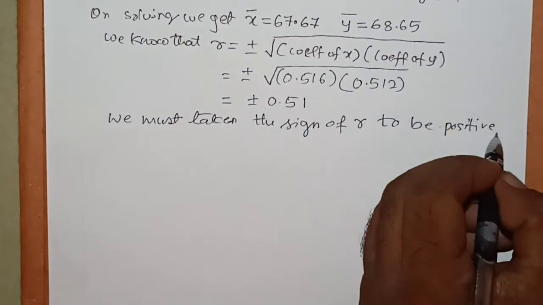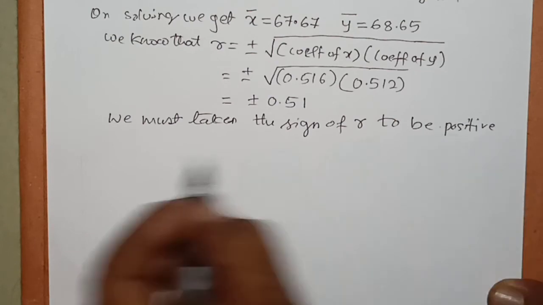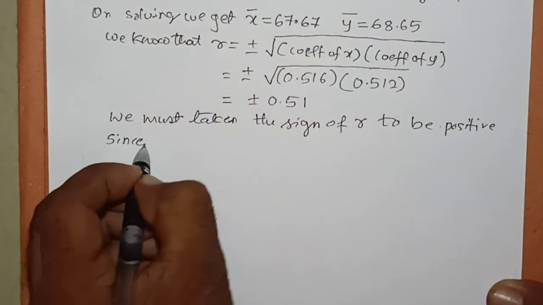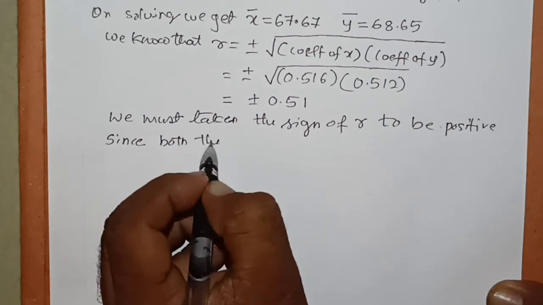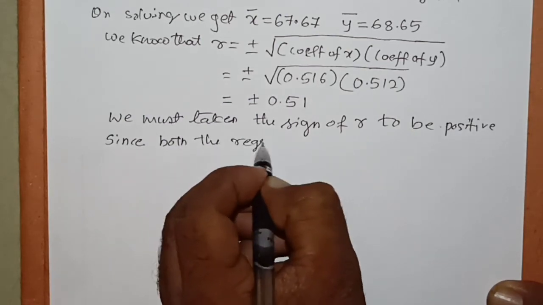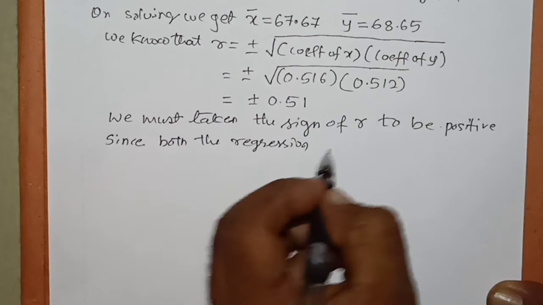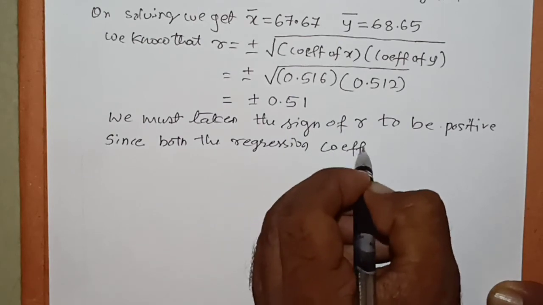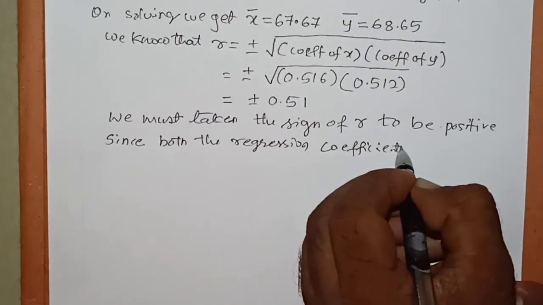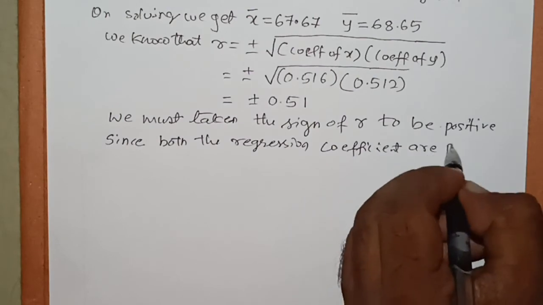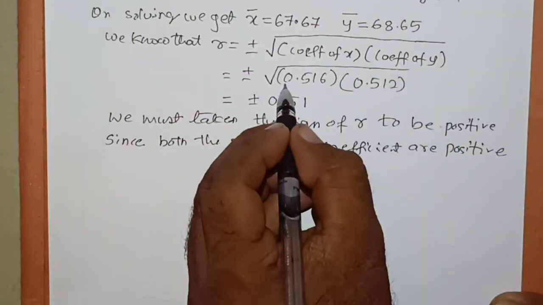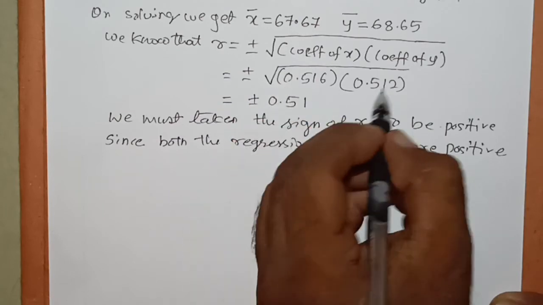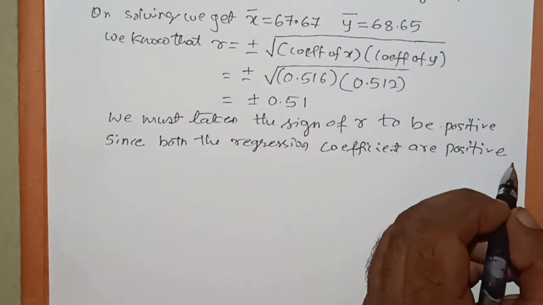Why is it so? Since both the regression coefficients are positive. Here the regression coefficients are positive 0.516 and positive 0.512.